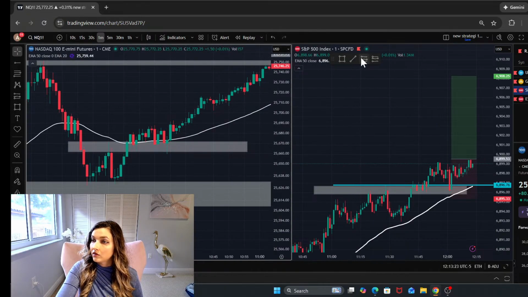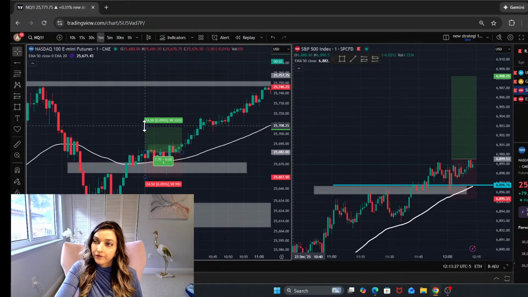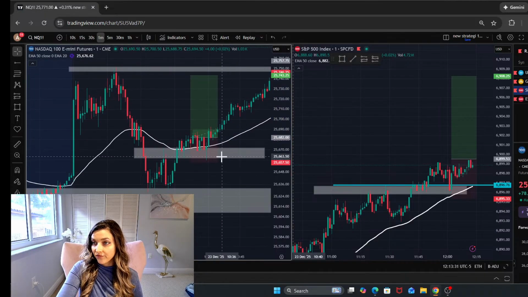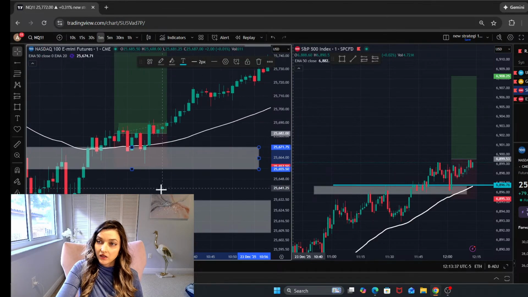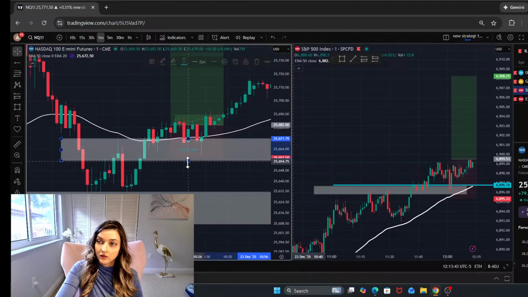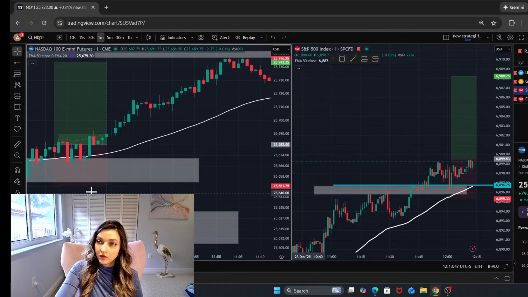Where you go in, you almost touch your stop loss, but you go with it too. Okay, so this area is like this. You see this candle? Include the full candle, stop loss below.